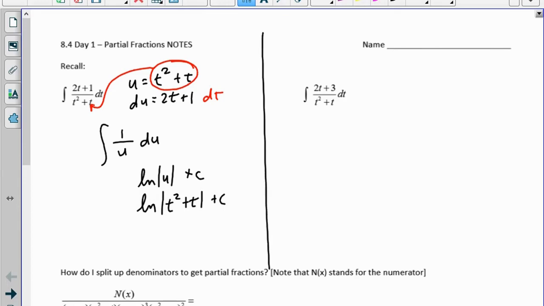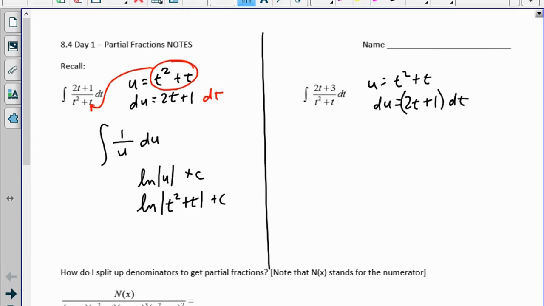We also learned that if it doesn't exactly align, we have u equals t squared plus t, du equals 2t plus 1 dt.